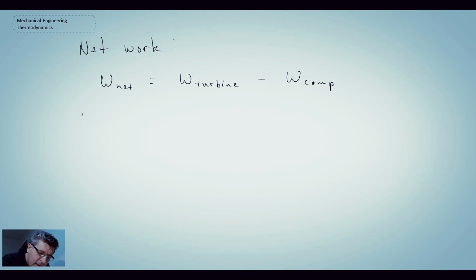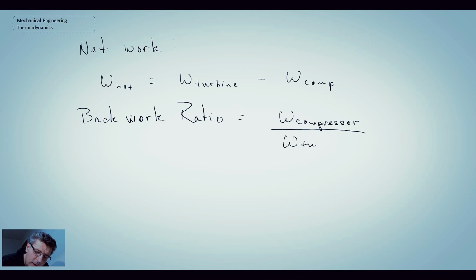And there's another definition called the back work ratio. And that is just the work of the compressor divided by the work of the turbine. Now, typically in a gas turbine engine, it's going to vary depending upon the design, but typically about 2/3 of the turbine power goes into powering the compressor.